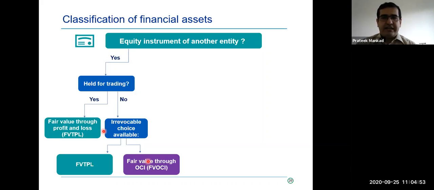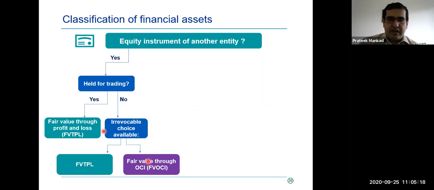So you can't say that I purchased the investment today, I am choosing to put it as FVOCI. Three months later, the company has stabilized, I will move it to FVTPL. That is not permissible. That is an important thing to be kept in mind. No hindsighting, it is not permissible.